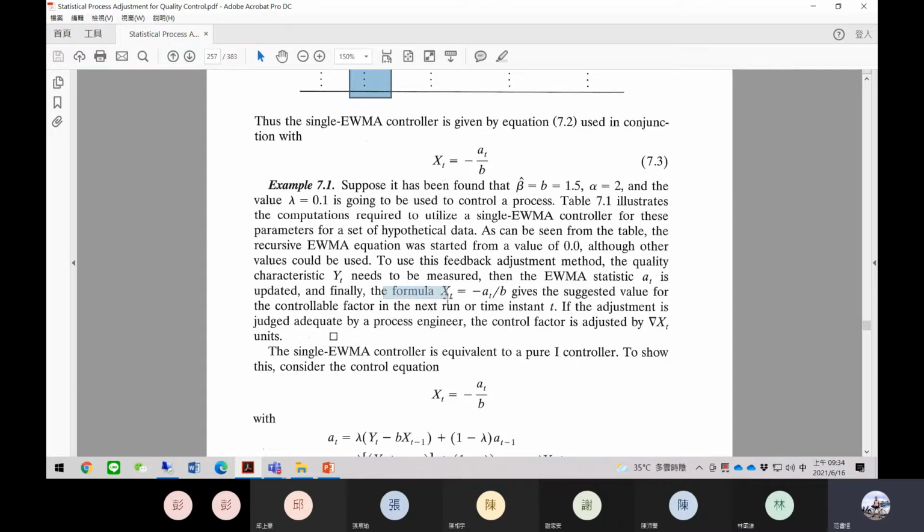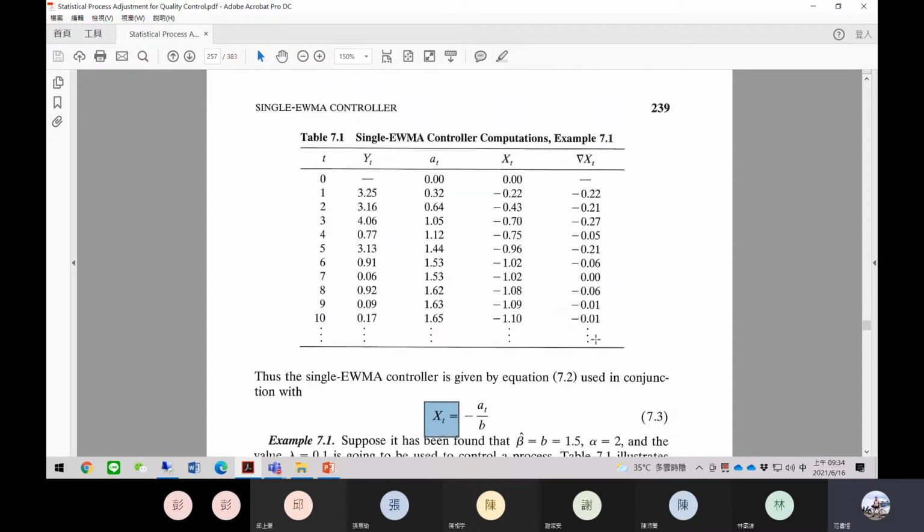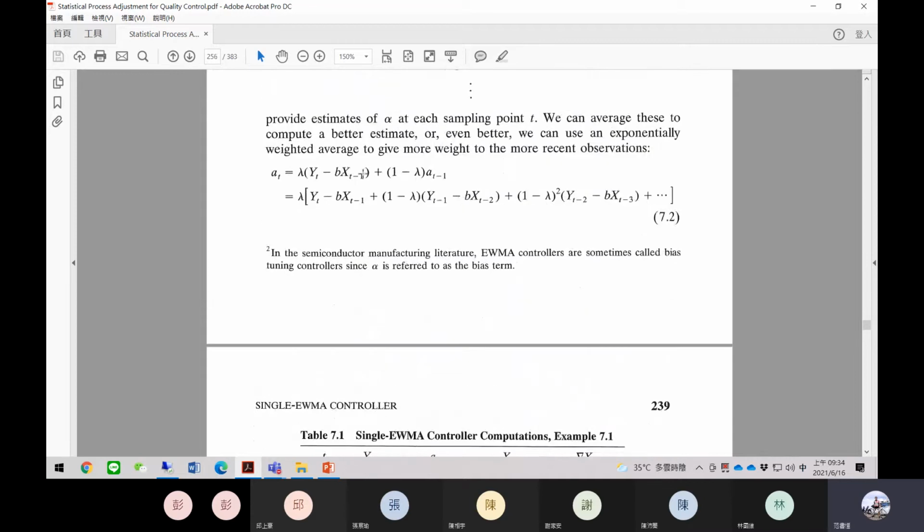Finally, we use the formula minus at over b to give the suggested value of the controllable factor. Once we have this and the previous estimate, then we have the next estimate for the process offset.